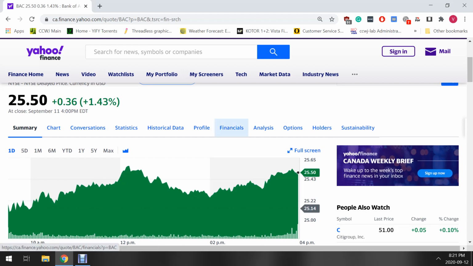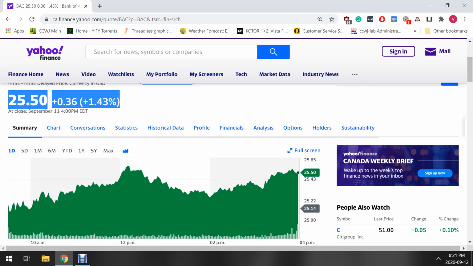Now, what we want to see is whether $25.5 is the right price to buy the stock or not, right? And for that, we need to calculate the intrinsic value of Bank of America.